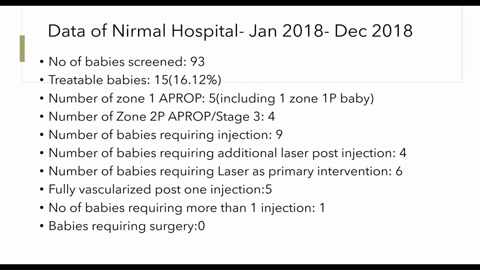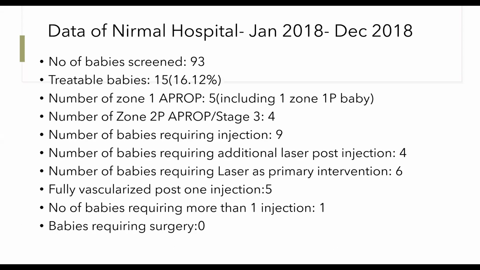So the number of babies who were screened were 93, and the treatable babies came out to be 15, out of which zone 1 ROP cases were 5, including one baby who was not developed. So the prognosis of such babies is very bad, and even the treatment which is given, they require multiple treatments.